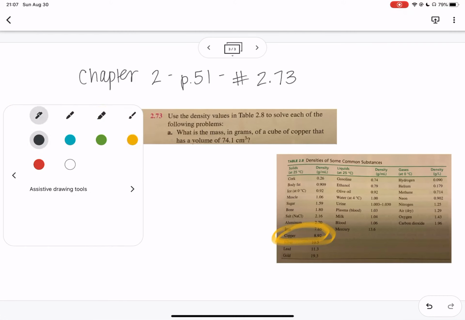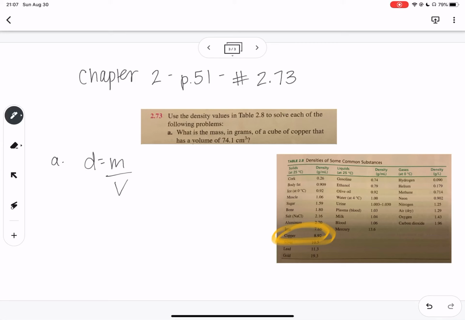So our density is given, 8.92, and that's in grams per milliliter, equals mass over our volume, 74.1 cubic centimeters. I should have included my unit here.